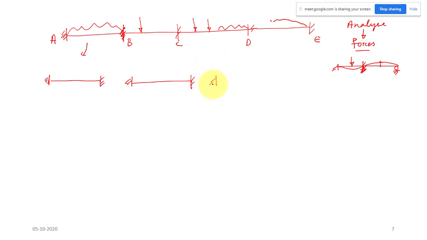So we can take each individually and apply the same loading: in span AB, here we have the same loading, and here also the same loading. This is AB, BC.